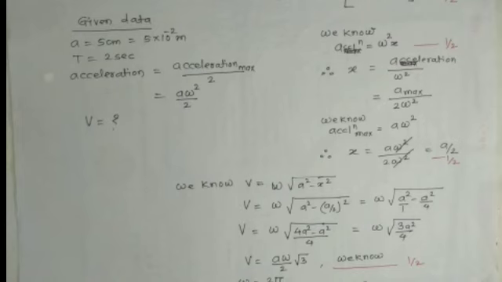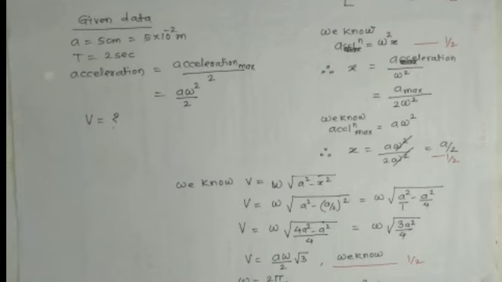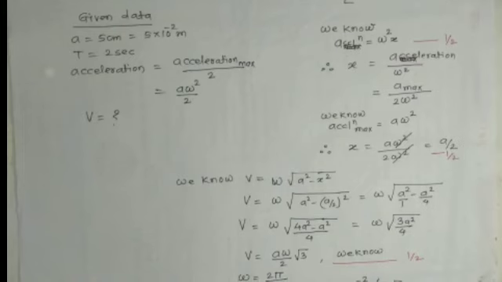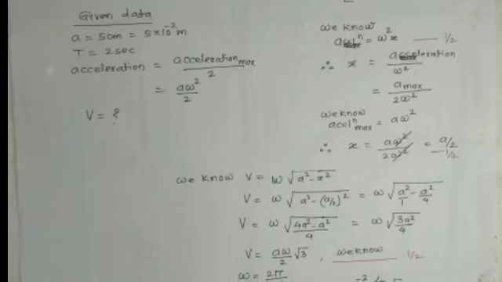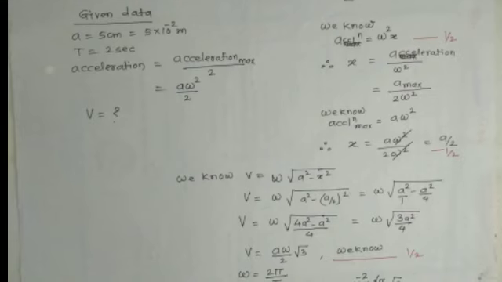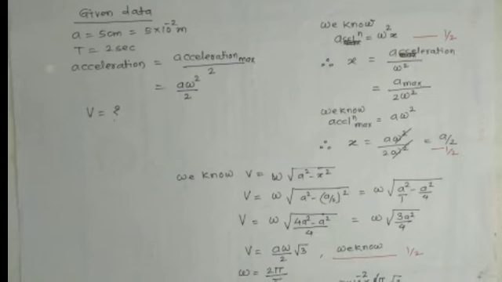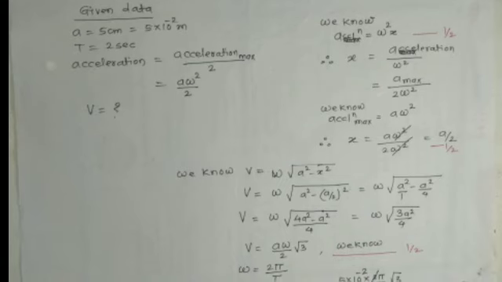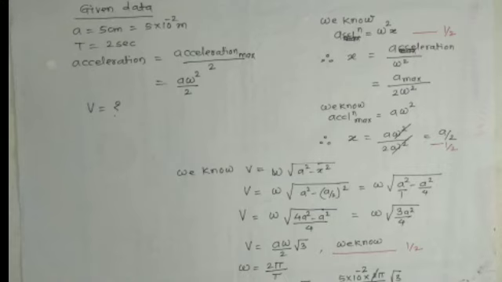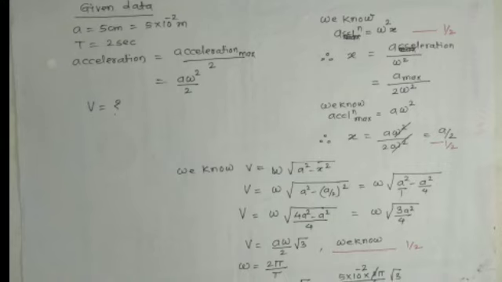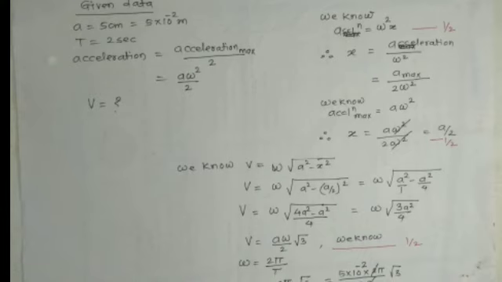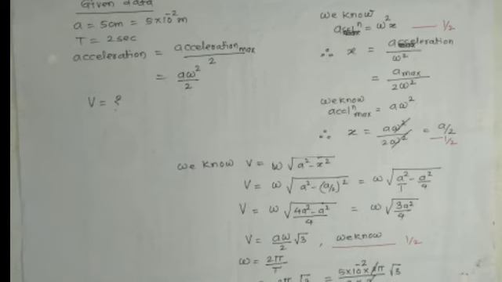So x is equal to acceleration upon ω². So x equal to maximum acceleration upon 2ω², because acceleration equal to aω² upon 2. Therefore maximum acceleration can be aω². When we put it, ω² gets cancelled, so x equal to a upon 2.